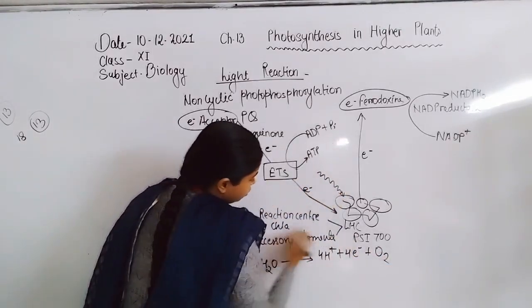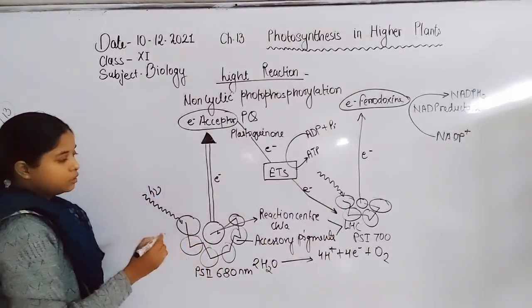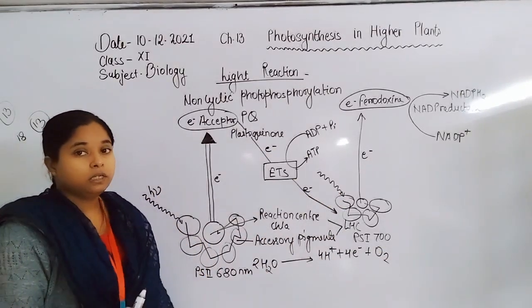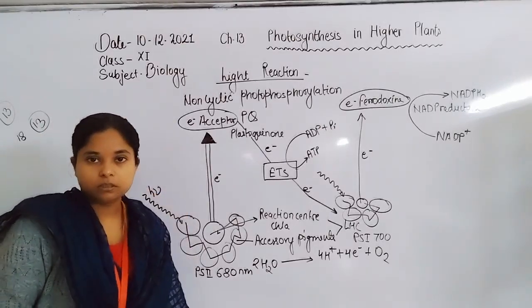The 4 electrons are transferred to the reaction center for fulfilling the electrons that are emitted from the reaction center.